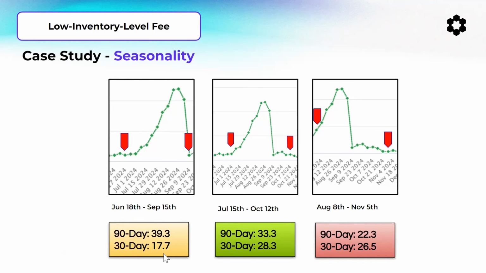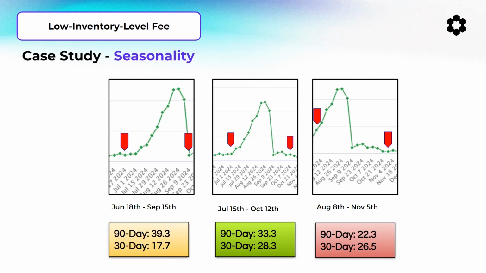So it's good to say that for the majority of the season, I'm not being charged those fees, which is important to note, because if I fall into that category in the middle of my season when I'm selling thousands upon thousands of units, that's going to get very, very expensive. So it's nice to see that that's not going to be a problem so much.